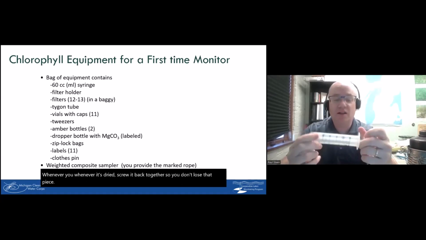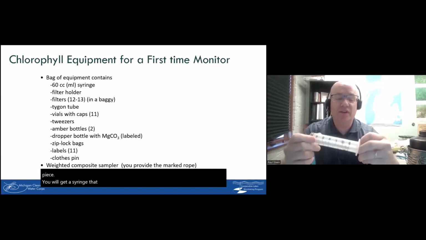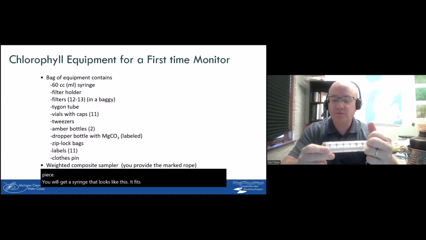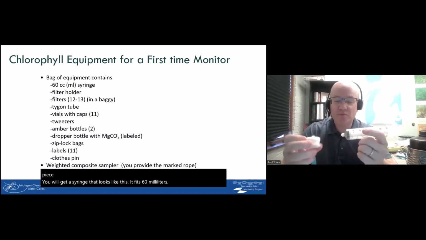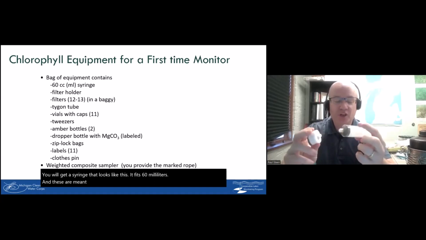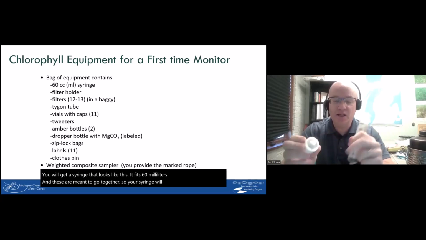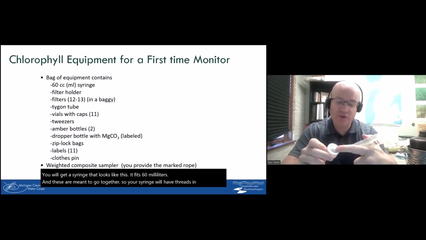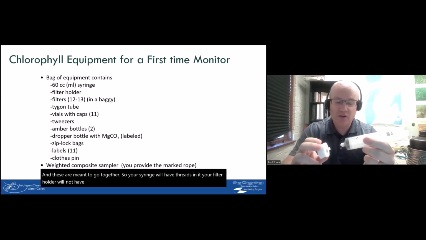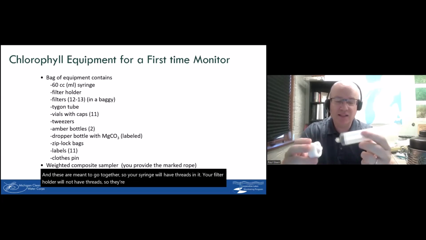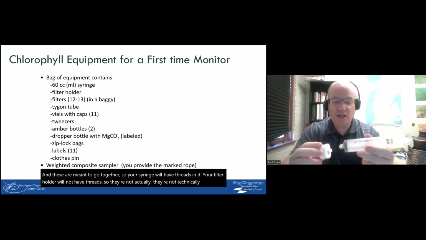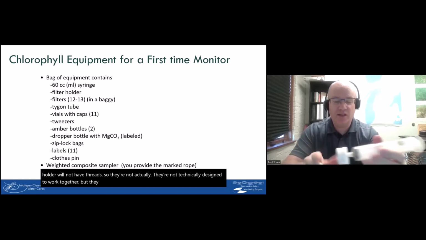You will get a syringe that looks like this. It fits 60 milliliters. And these are meant to go together. So your syringe will have threads in it. Your filter holder will not have threads. So they're not technically designed to work together, but they fit very nicely.